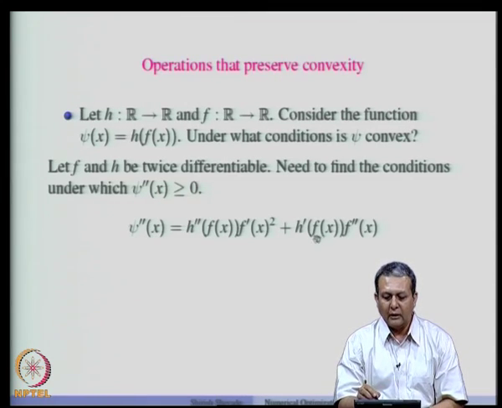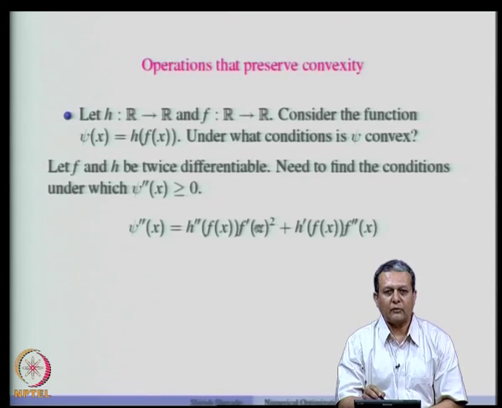Now, when will this be greater than or equal to 0? Suppose we assume that f is convex. That means f 2 dash x is always greater than or equal to 0. We have to make sure that h dash f x and h 2 dash f x are greater than or equal to 0. Let us assume that h is also convex, so h 2 dash of f x is always greater than or equal to 0.